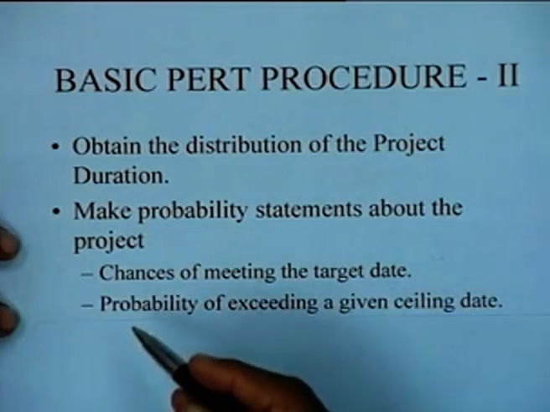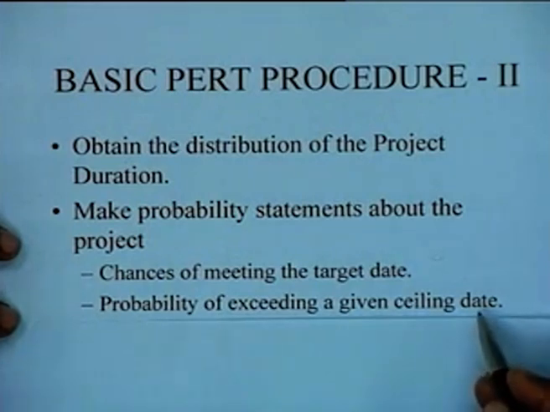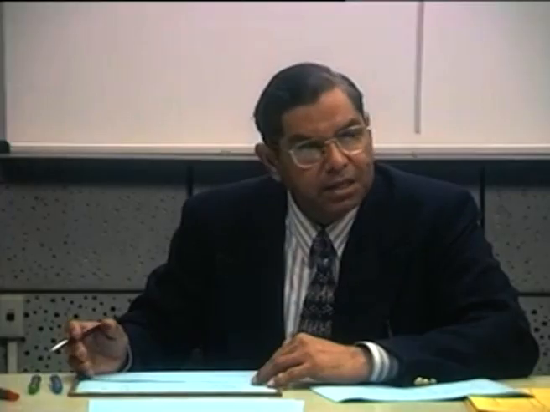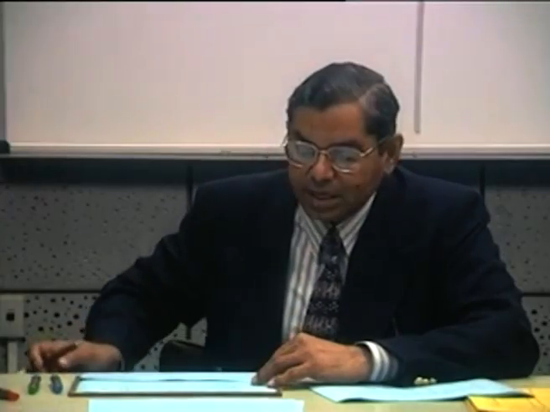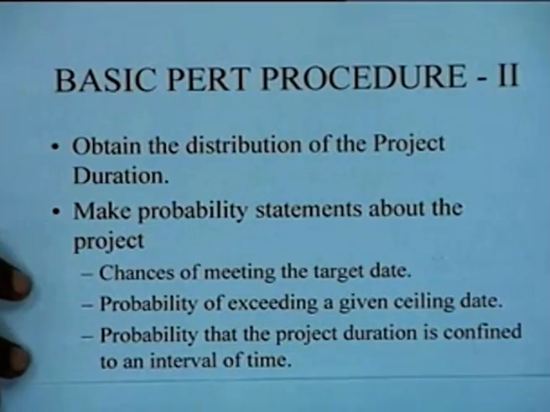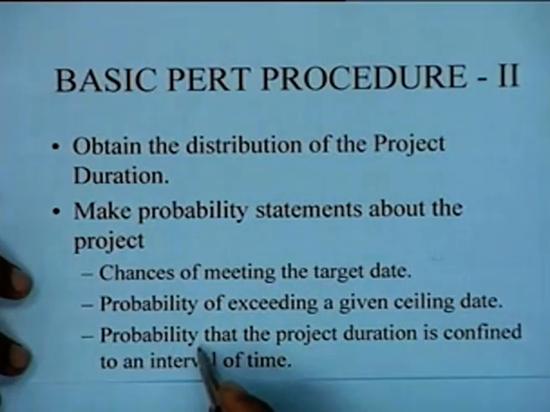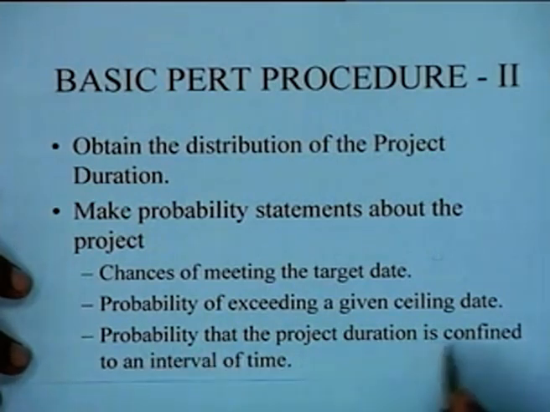Then he would also like to find out the probability of exceeding a given ceiling date. What are the chances that the project will exceed a certain value? This kind of information can be obtained from the distribution that we have just obtained. And then you can be interested in finding out the probability that the project duration is confined to a certain interval of time.